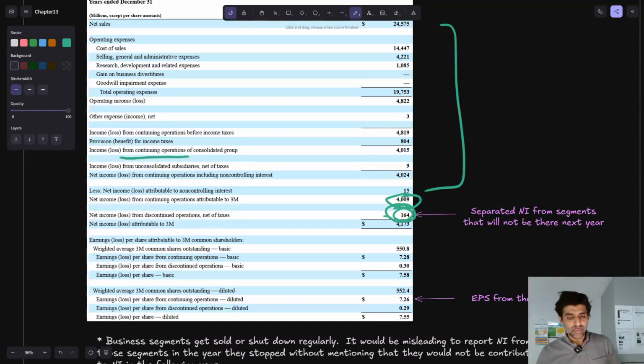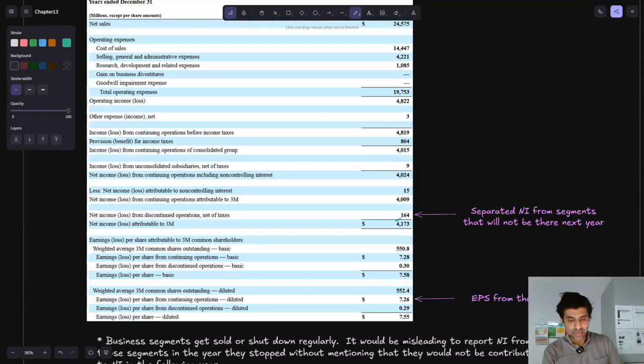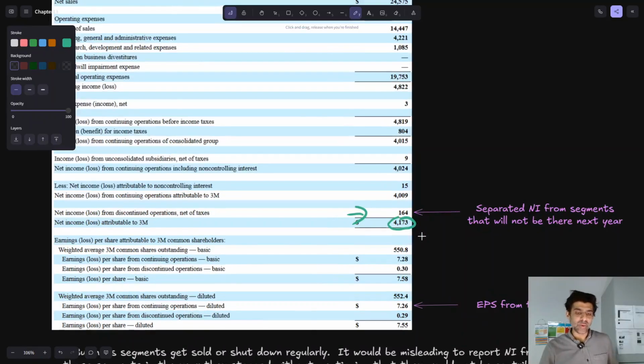Okay, so you can explicitly see how much of the total 3M's net income is from this discontinued operation. So what you would do as an analyst is basically subtract that, right? You now know of this amount, how much of it is from this part of the business that's not going to exist going forward. So you can more easily make an adjustment in your analysis. Okay. And if they hadn't done that, then you would have had to guess.